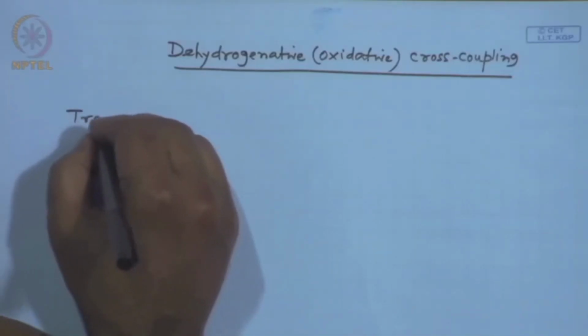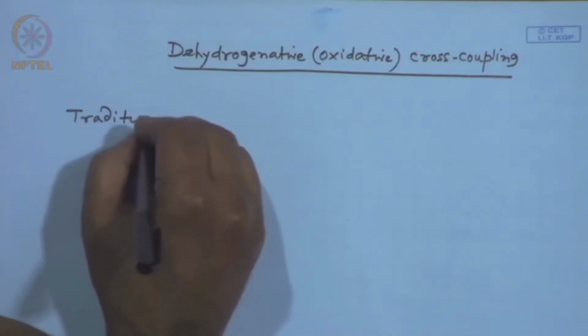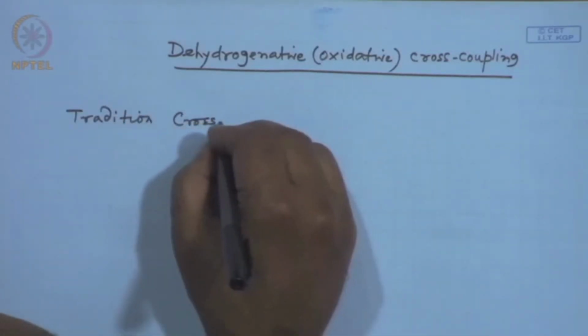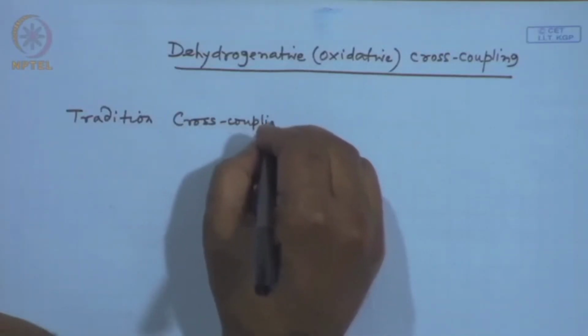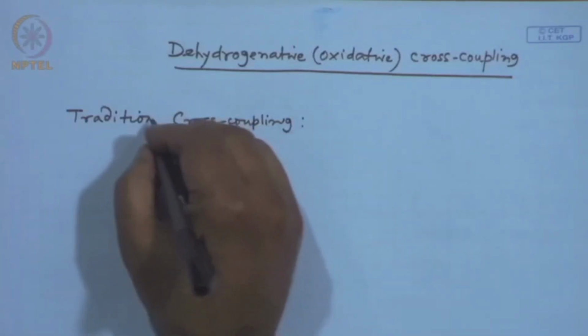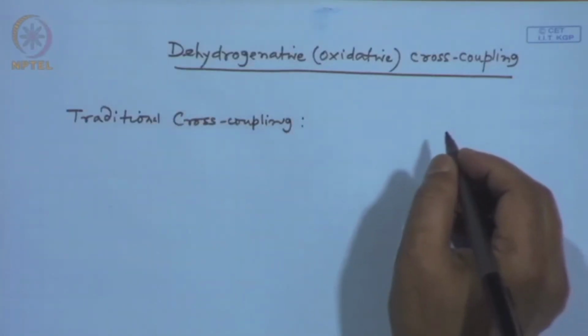So if you summarize the traditional cross coupling, how should it be abbreviated?